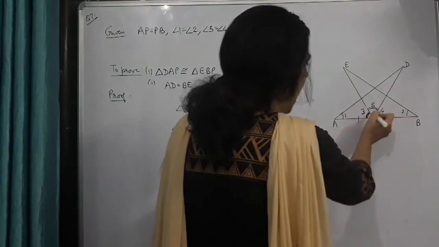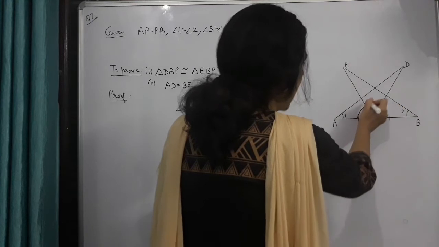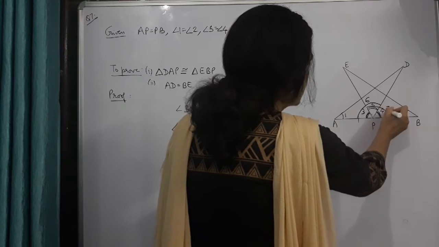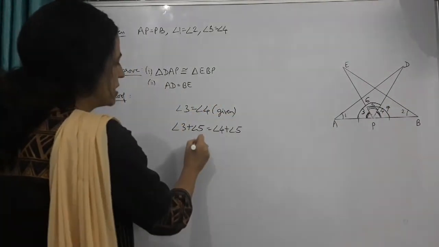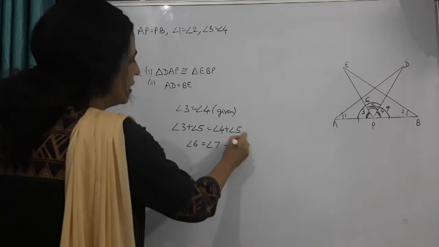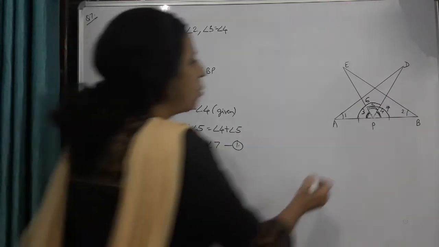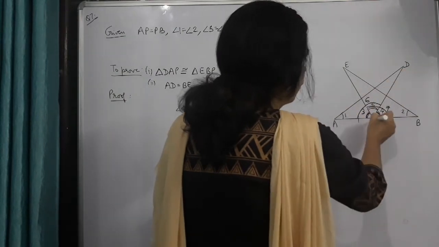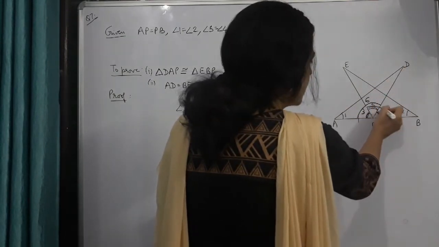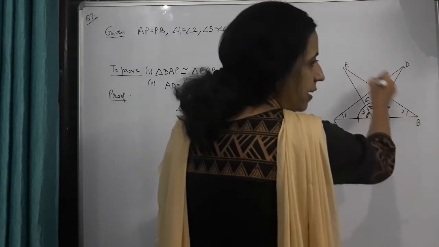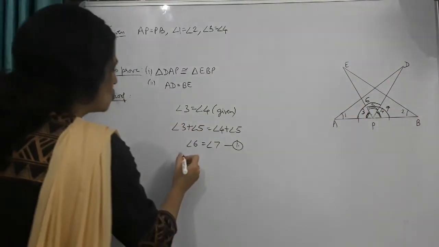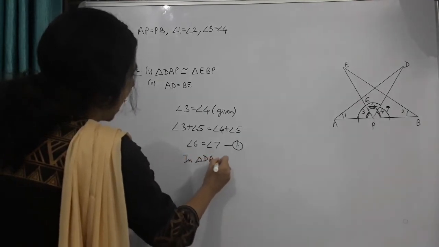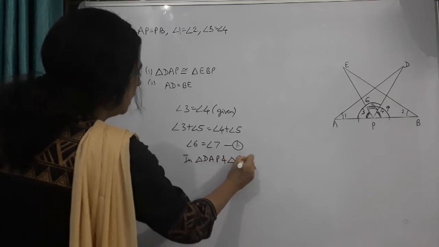Angle 3 plus angle 5, you can name it as angle 6, and angle 4 plus angle 5, you can name it as angle 7. So angle 6 is equal to angle 7. Let this be equation number 1. Now you can see from the figure that angle 6 is the complete angle of triangle DAP and angle 7 is the complete angle of triangle EPB. Now we take these two triangles, triangle DAP and triangle EBP.